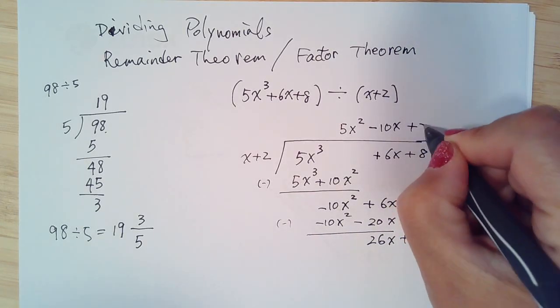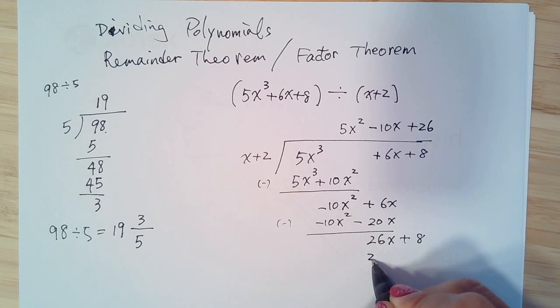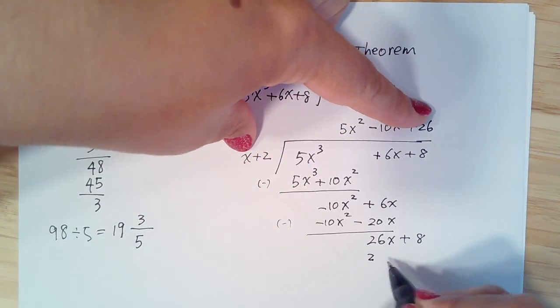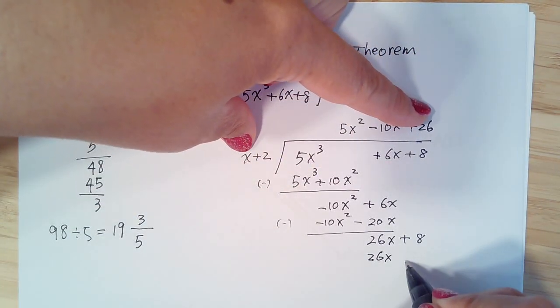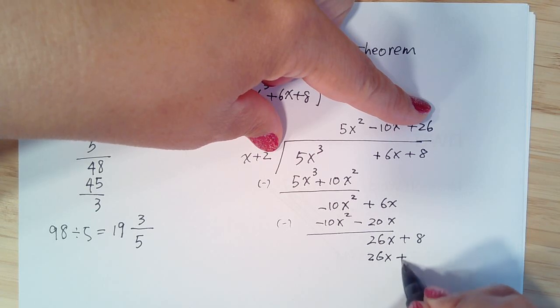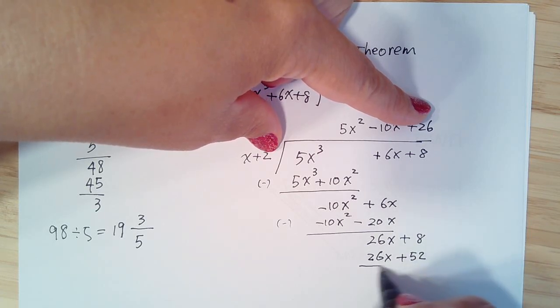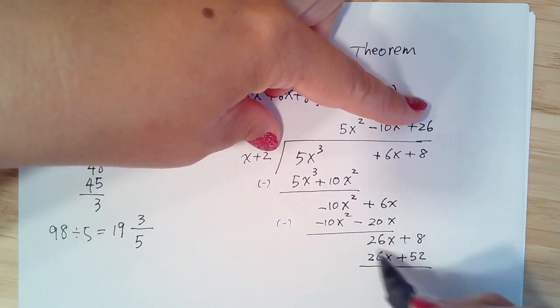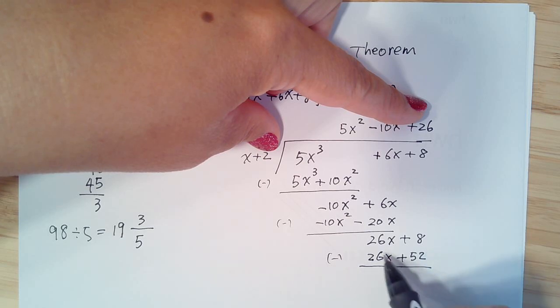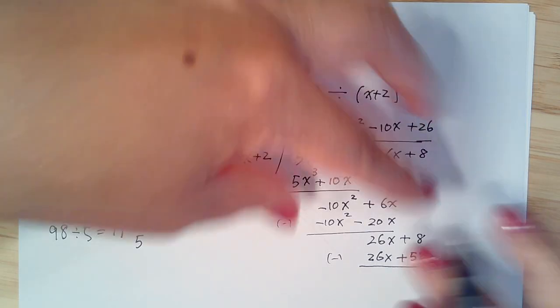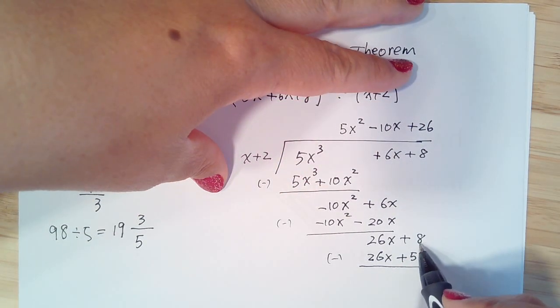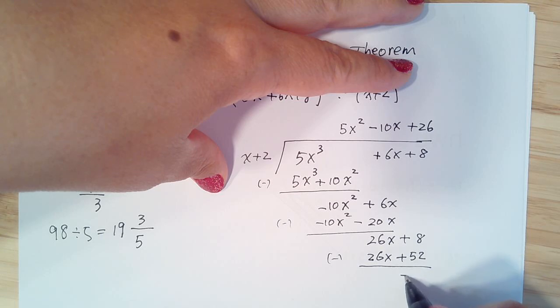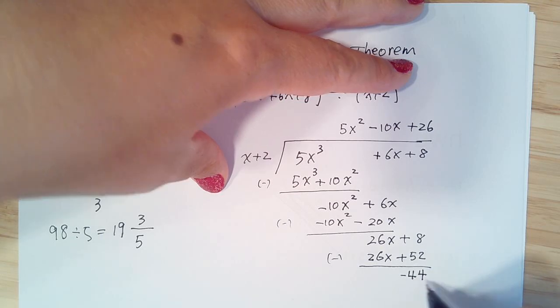So there will be 26. So this times that is 26x, and 26 times 2, I get a 52. And then I do subtraction. 26x minus 26x, I'm super happy it's gone. 8 minus 52, I get a negative 44.